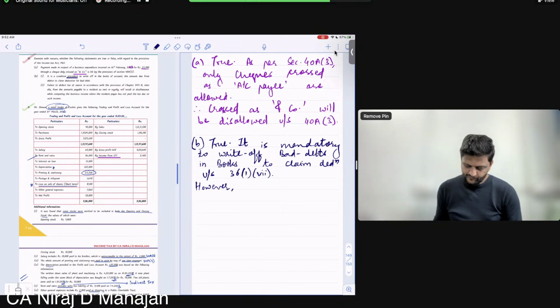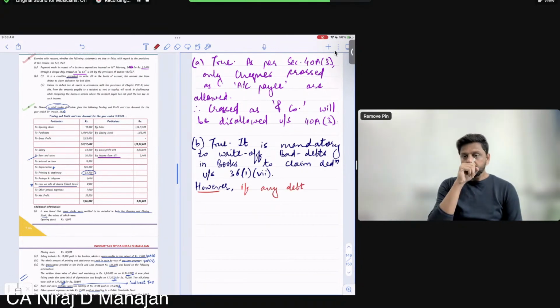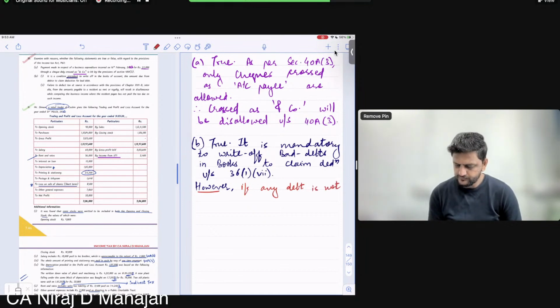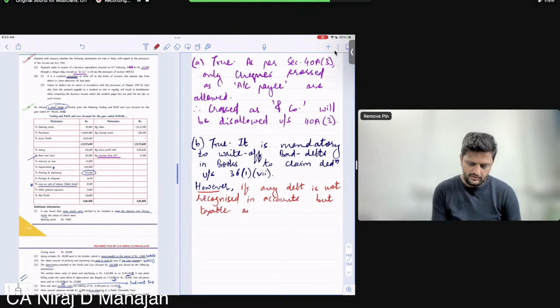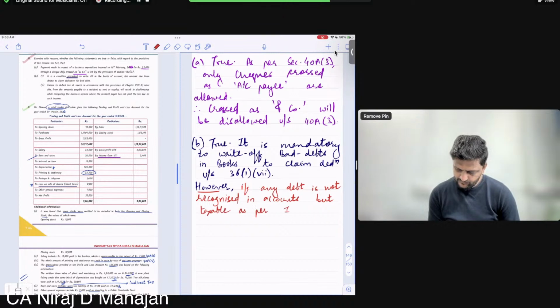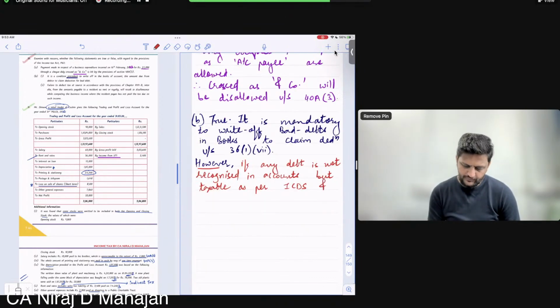However, if any debt is not recognized in accounts but taxable as per ICDS and becomes irrecoverable, then it will be allowed as deduction.